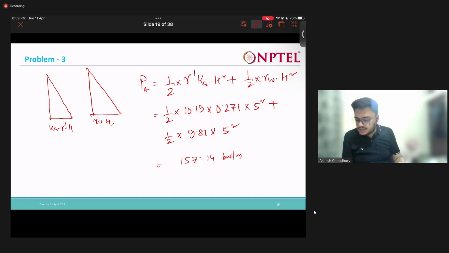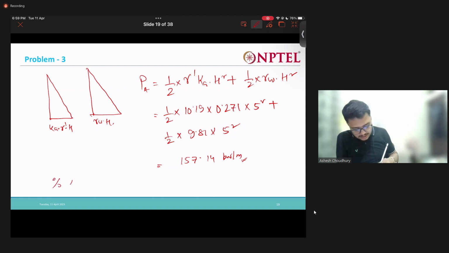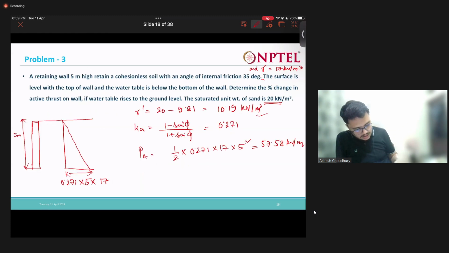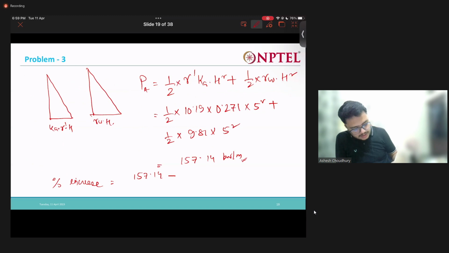So we can see that by a large amount our active thrust is actually increasing. So let us determine the percentage increase. 157.14 minus 57.58, divided by 57.58, into 100%.